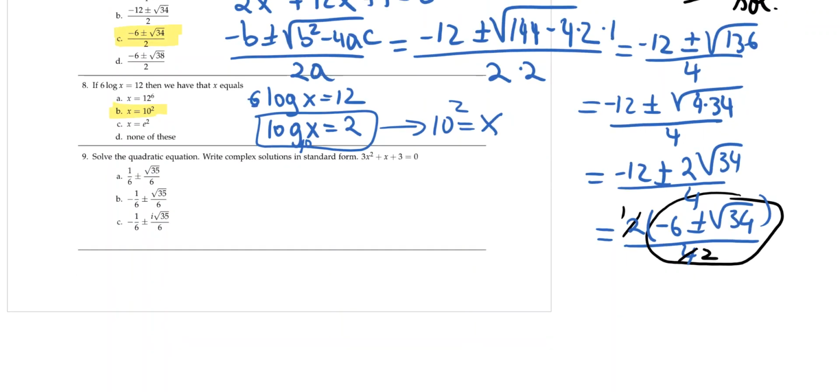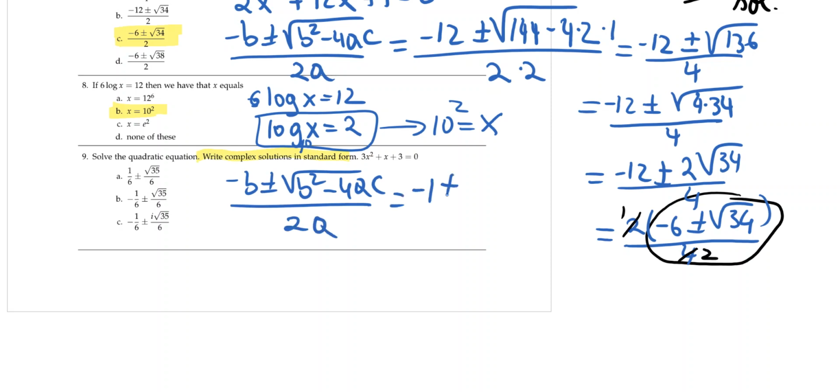Next, solve the quadratic equation. Write the complex solutions in standard form. So we might get complex solutions for this one. So again, the quadratic formula. So that's going to be -1 plus or minus square root of 1 minus 4 times 3 times 3 over 2 times 3.